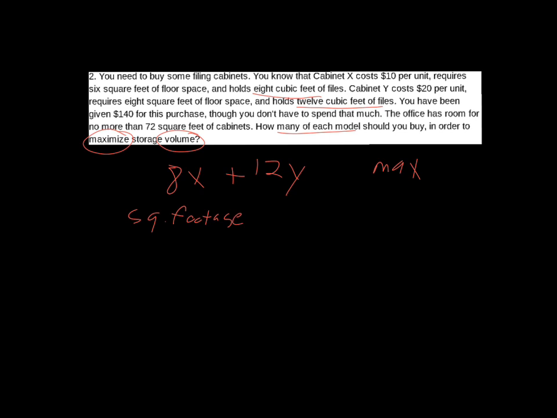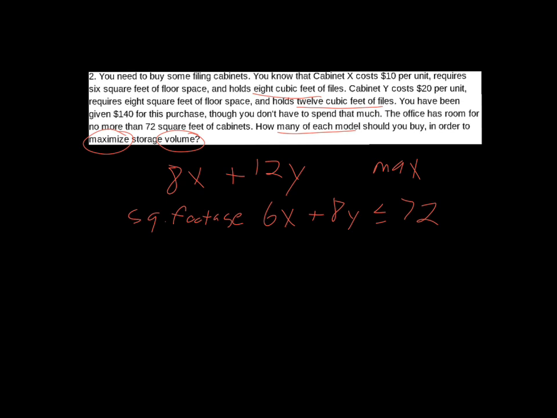Cabinet X is 6 square feet, and so 6 times X is going to be the square footage occupied by cabinet X. Cabinet Y has a square footage of 8 each, and so there's going to be 8Y. Now, the office has room for no more than 72 square feet of cabinets, which means less than or equal to 72.